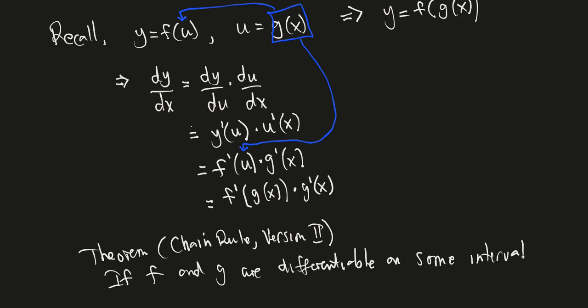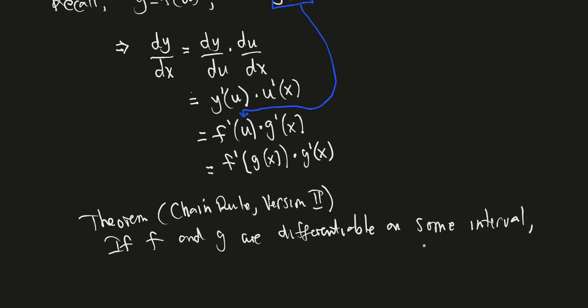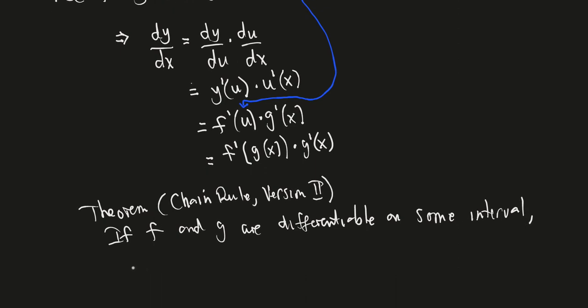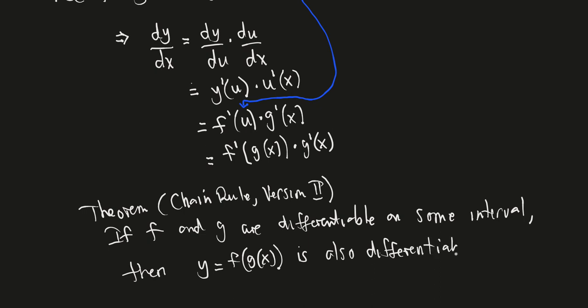So let's say on some interval, then y equals the composite of g of f and g is also differentiable again on that appropriate interval, right? So when we compose two differentiable functions, we're going to get a third differentiable function.